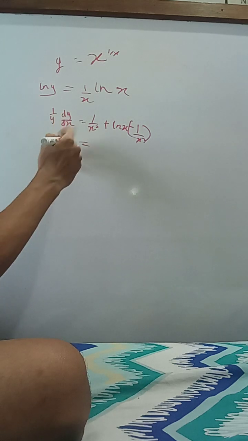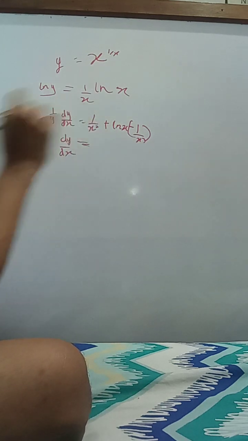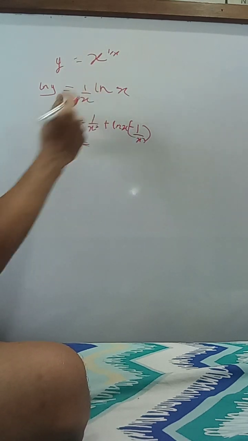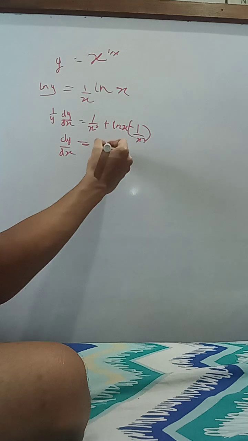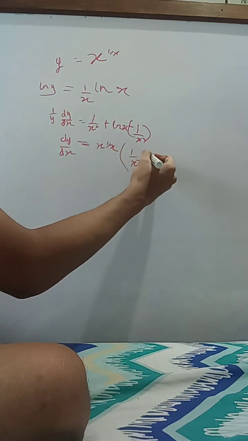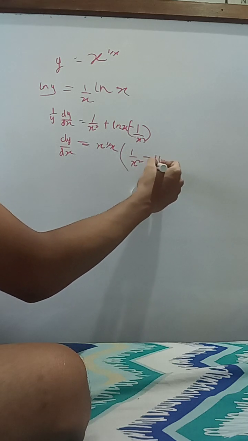So if we take y across, we get dy by dx equal to y, which is x raised to 1 by x, times 1 by x square, minus ln x by x square.